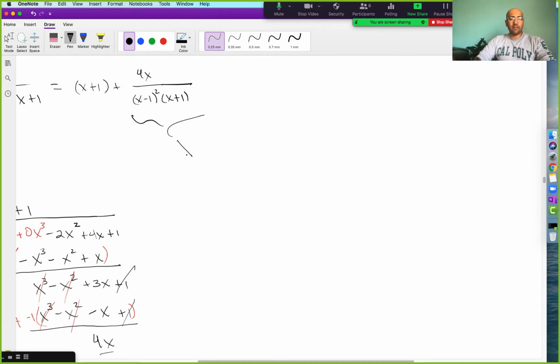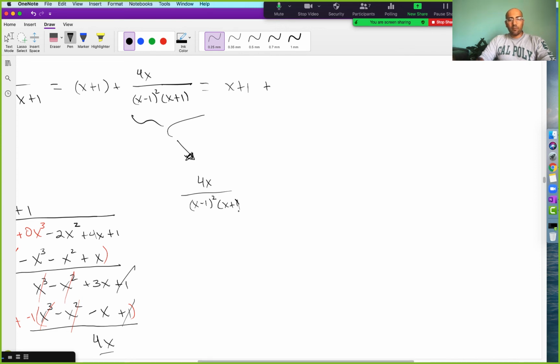We have to figure out how to simplify that by itself. I know that this is going to end up being x plus 1 plus something, and I want to simplify that. That's where we do partial fraction decomposition. We're going to end up with 4x over (x minus 1) squared times (x plus 1).